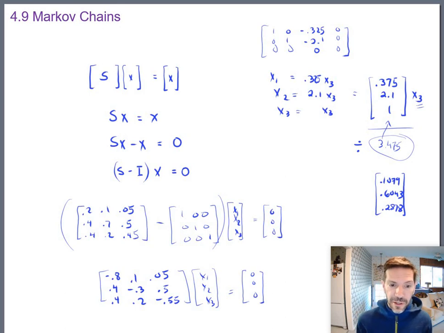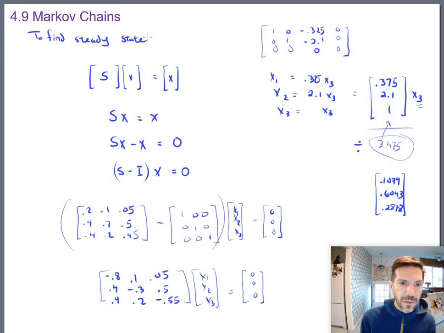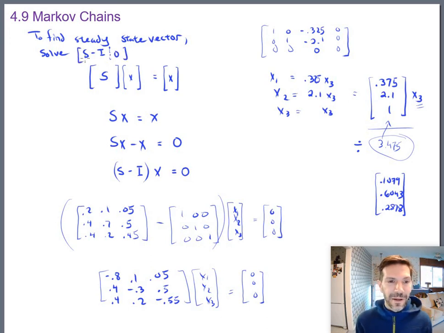So just to recap, in general, to find a steady state vector, solve the homogeneous system of the stochastic matrix minus the identity, augmented with 0, or if you prefer the inverse version of solving here, use the inverse bit.